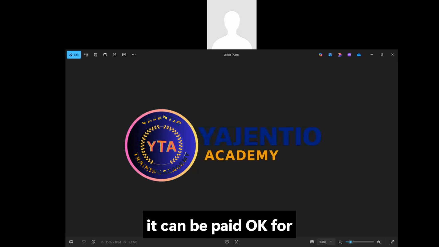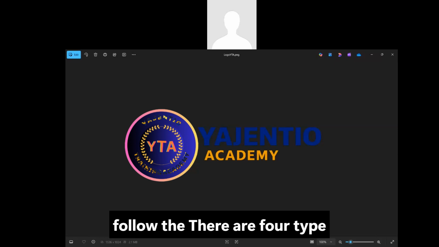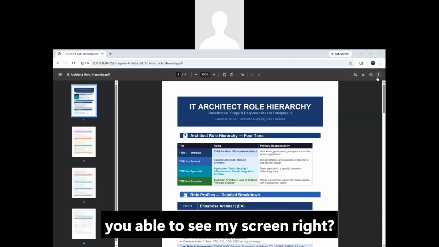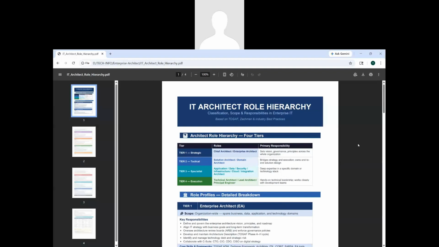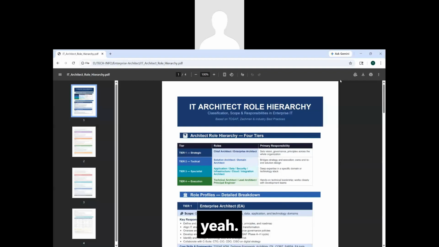For that, any organization follows four levels. Are you able to see my screen? Okay, so I'm presenting.